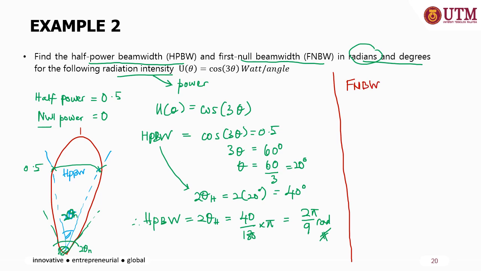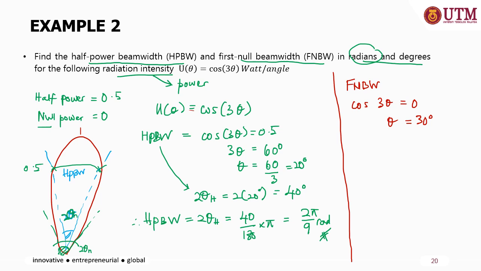For FNBW, you have the same equation, cos 3 theta equal to 0. So calculate theta. It's supposed to be 30 degrees. Let me calculate: inverse cos of 0 divided by 3 is 30 degrees.